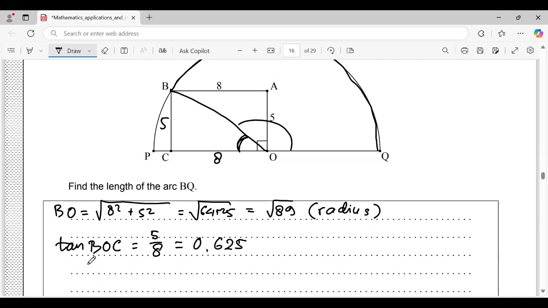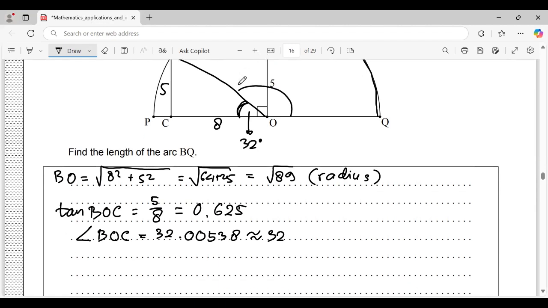So angle BOC, if you calculate on your calculator, arctangent 0.625 is 32.00538. Rounded off it becomes 32. So this angle is 32 degrees.